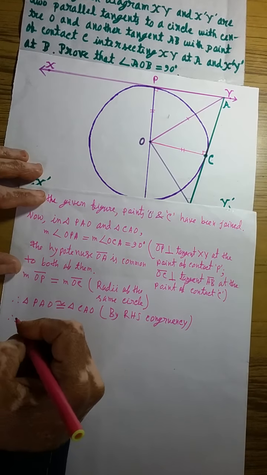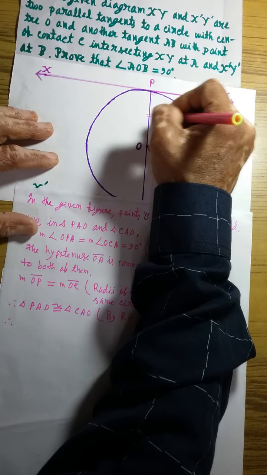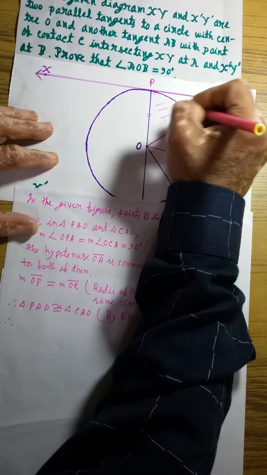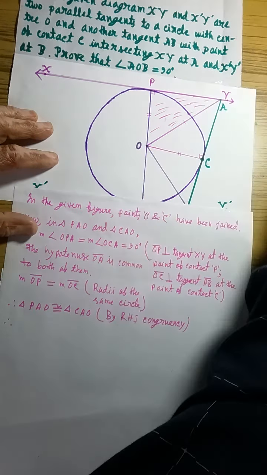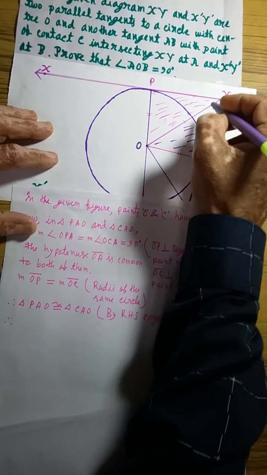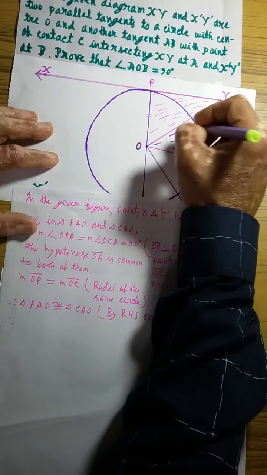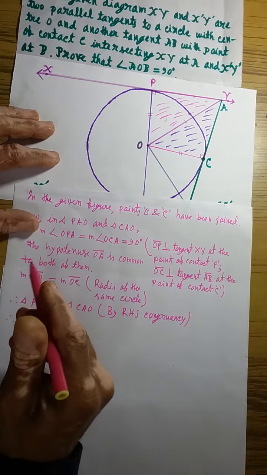Therefore, after this, write: these two triangles are equal to each other.